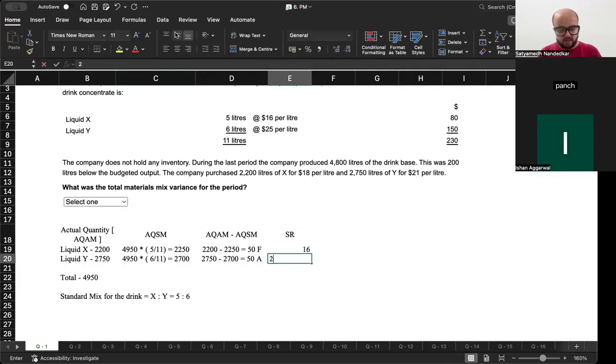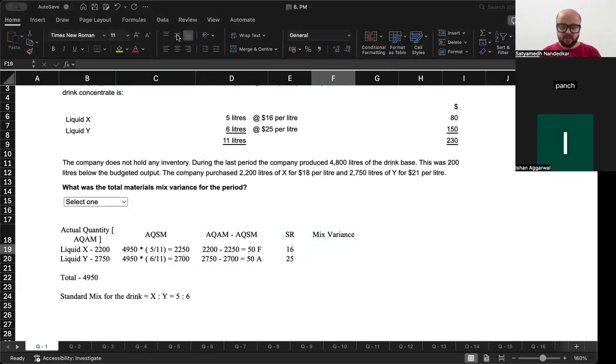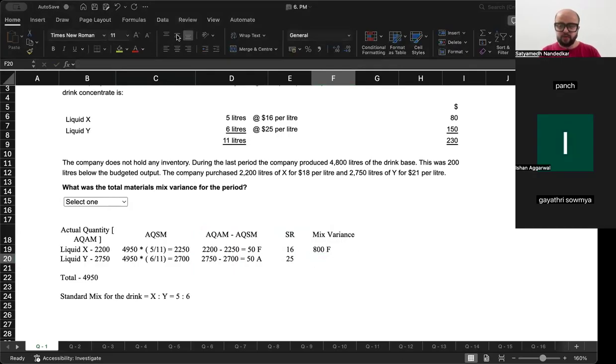This is 16. This is 25. So mix variance, how much is that? 16 into 50, 800 favorable. 25 into 50, 1250 adverse. What will you be left with? You will be left with 450 adverse.